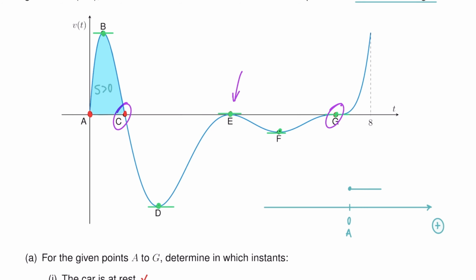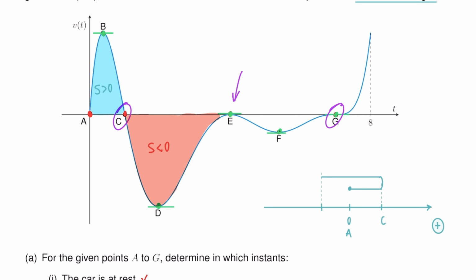He's going to go to point C. Now from C to E, the area which represents the displacement is negative, meaning that he's going to go to the left. This is point E, and then he goes even further to the left, and this is point G, and then we have this last area, which is t equals 8. Now it looks like he's the furthest away from the origin at point G, but let's make sure that's the case.